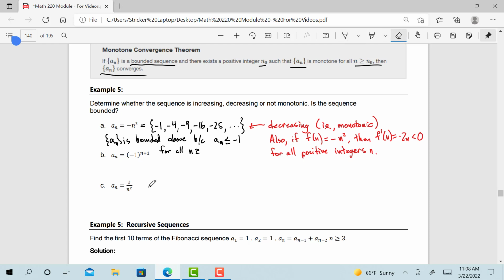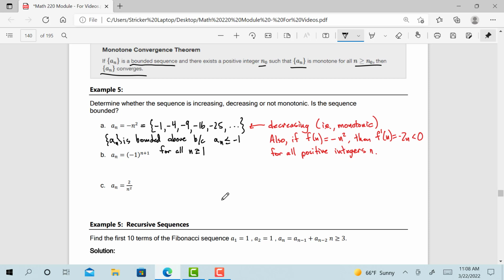The first term is 1. For all n greater than or equal to 1. In other words, -1 is that upper bound. That first value is the largest value in that sequence, so it's bounded above. Now, it's not bounded below because the terms keep getting smaller and smaller and smaller.